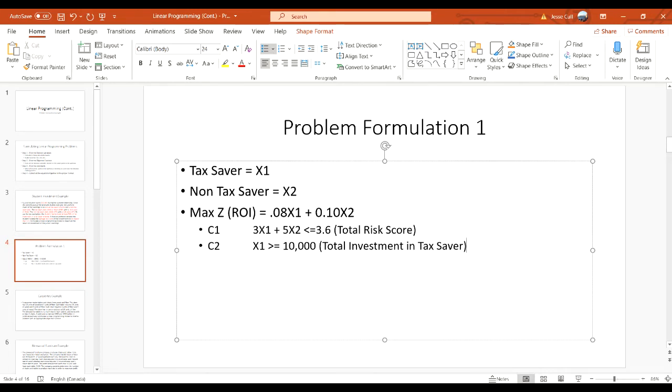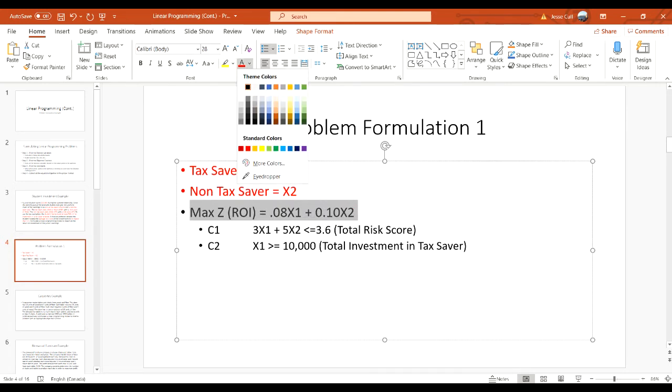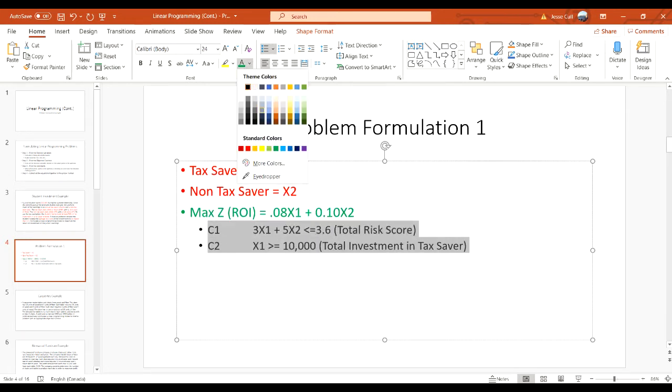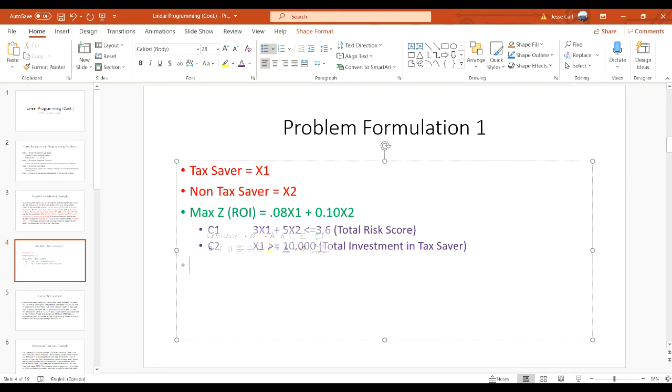There are different ways we can do it, but all of this works. So we see here, we have our decision variables. We have our objective function, and we have our constraints. The only thing remaining is to put it all together, and that's what we'll do here.